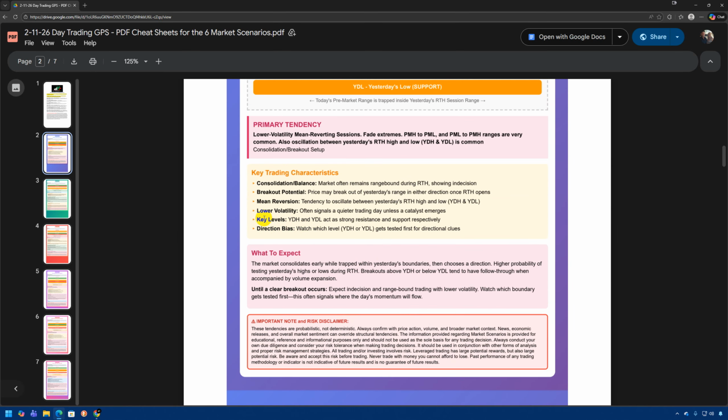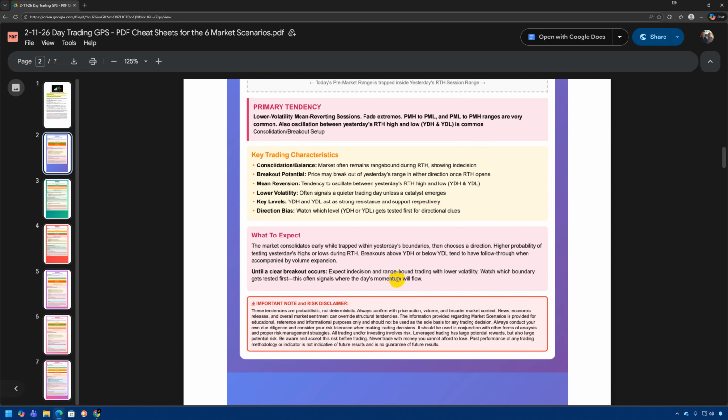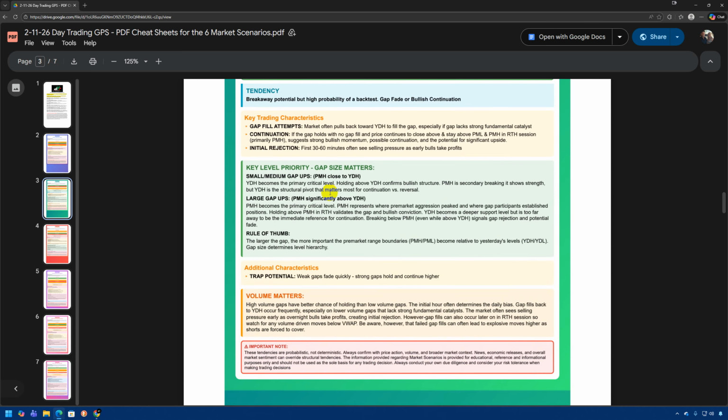Here you have a shortened version on key levels. So key levels for this is, on some of these, going to be brief, and some of them will be a little more expanded.